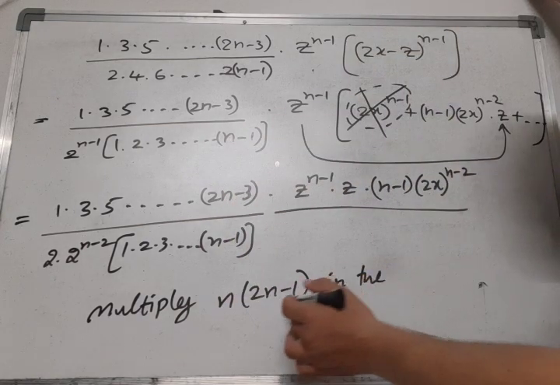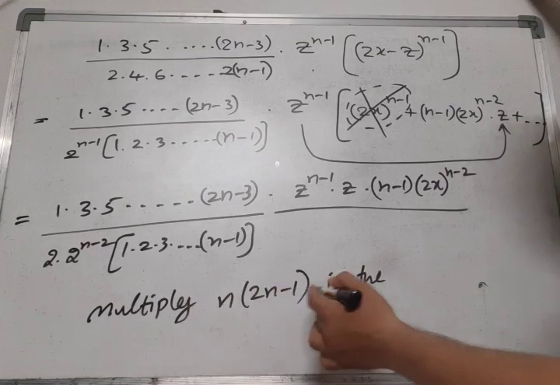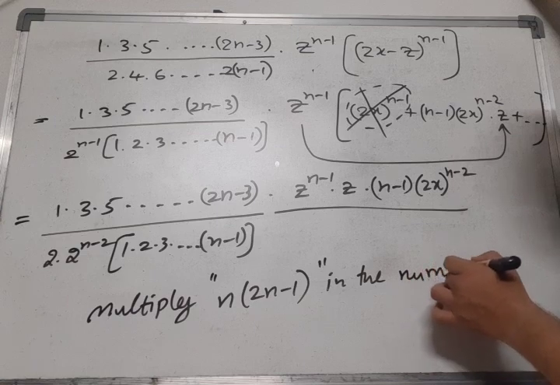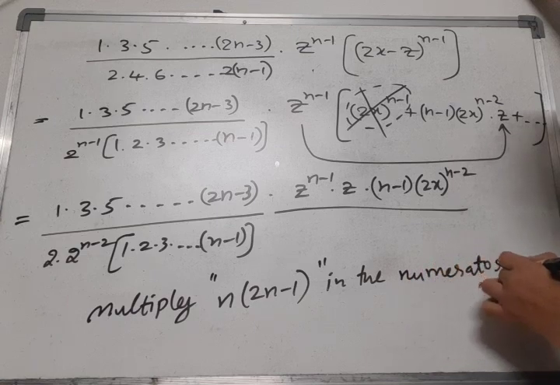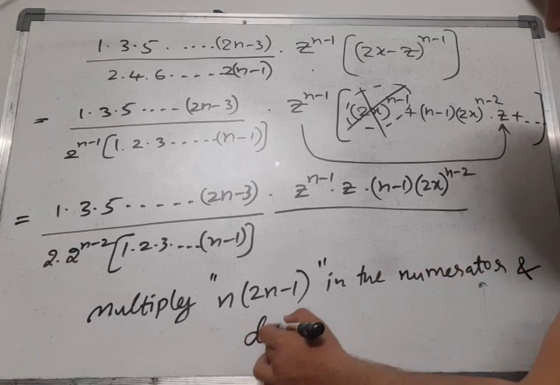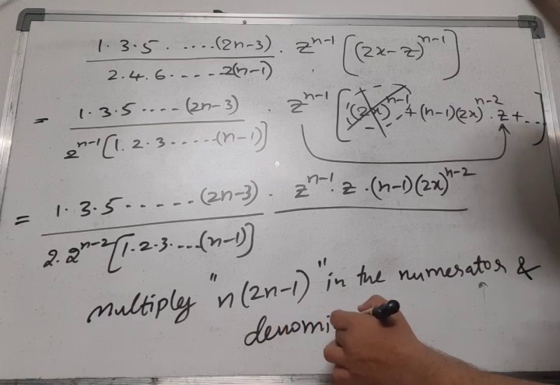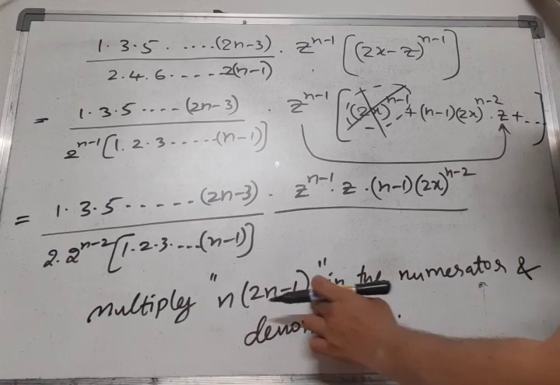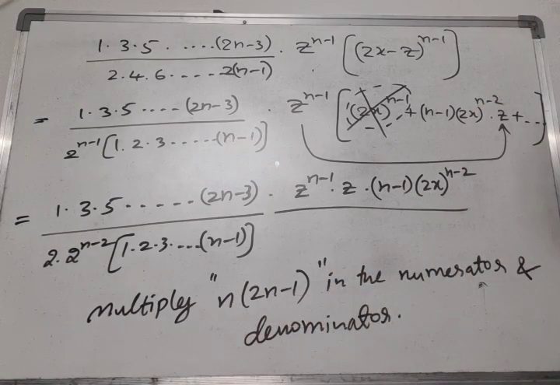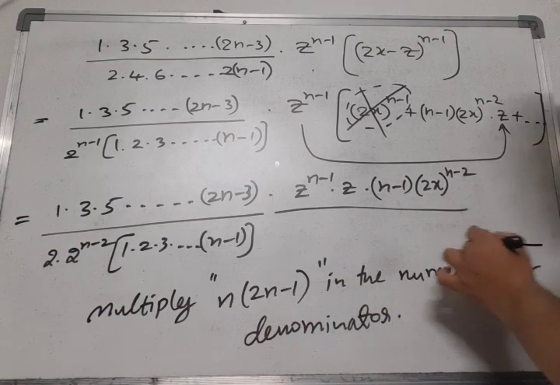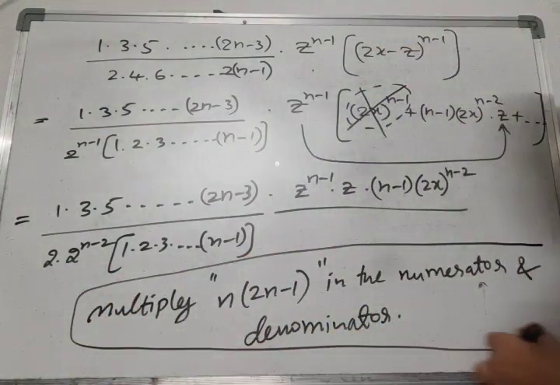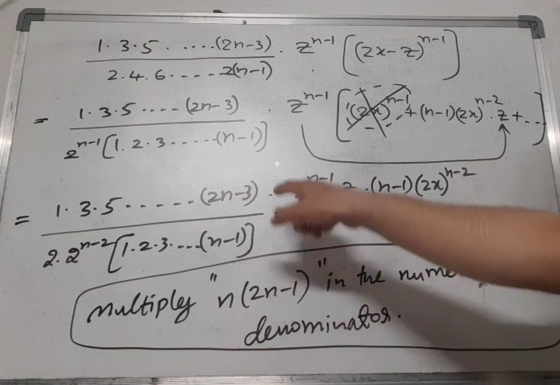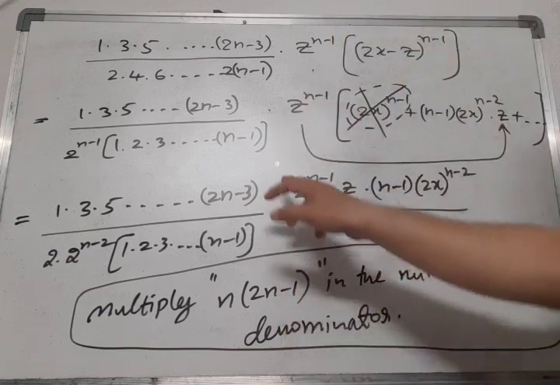Okay, so multiply n into 2n minus 1 in the numerator and denominator, in the denominator and the numerator you multiply with the same term, n into 2n minus 1. Okay, this term we have to multiply in the denominator and in the numerator, same term we have to multiply.